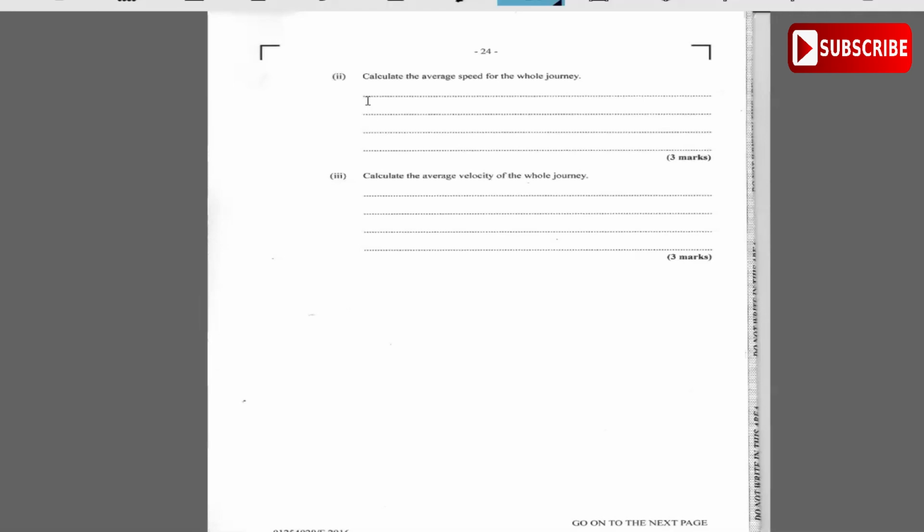So the average speed, I'm going to call it V. The average speed V is equal to the total distance. We traveled 300 meters in total, divided by the total time. I think it was 80 seconds.